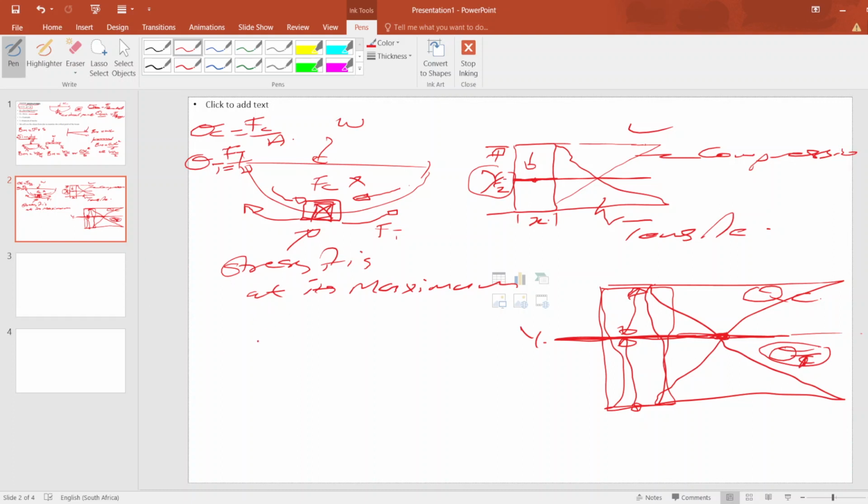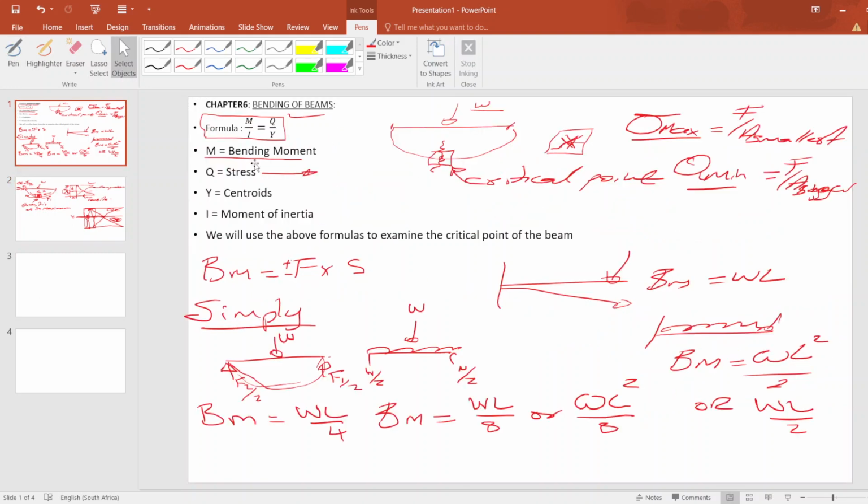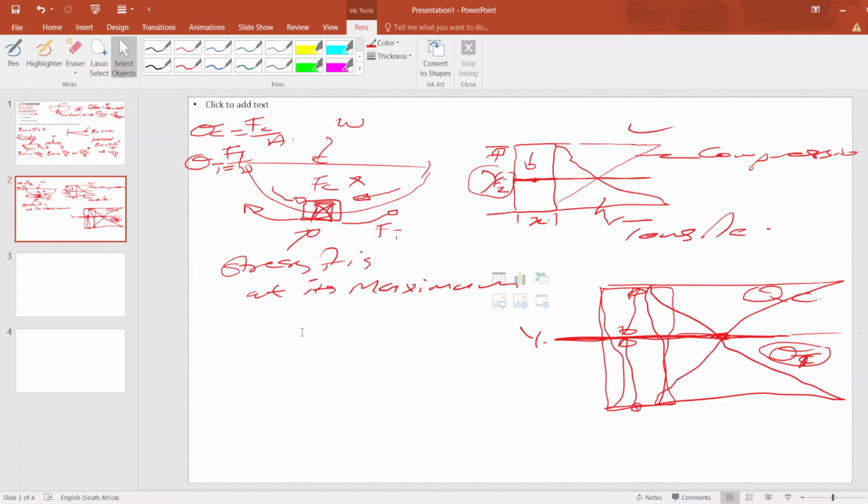All right, then in calculating the centroid, I've already touched on how to calculate the centroid. The centroid is nothing but the center of your beam, right? For instance, if you have a rectangle, the center of your beam here will be y divided by 2, then you get what?